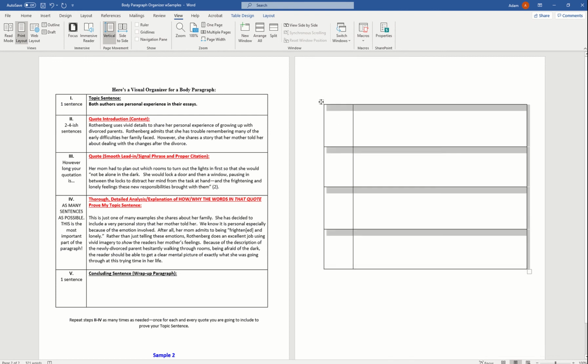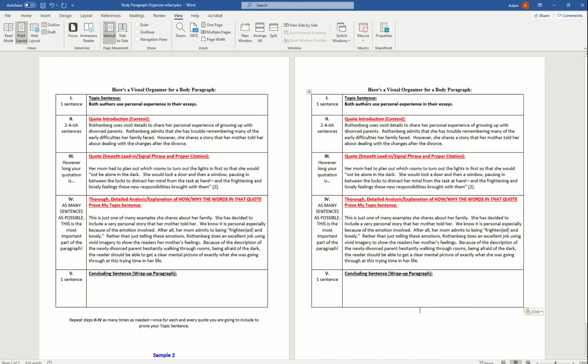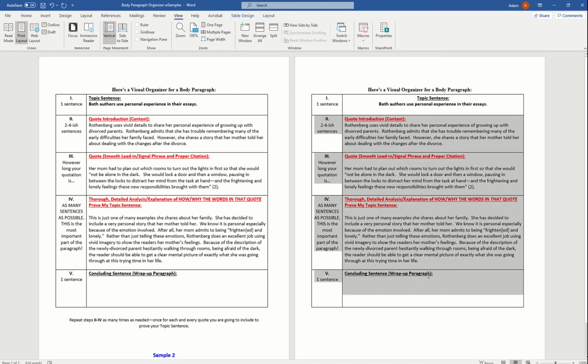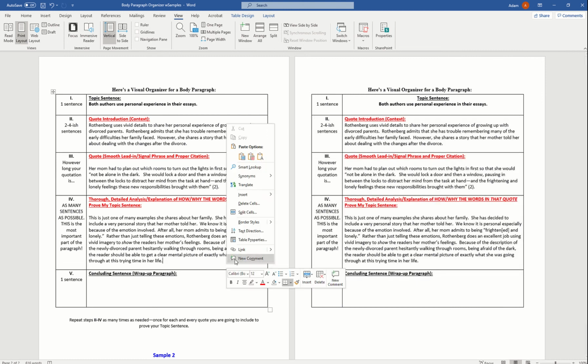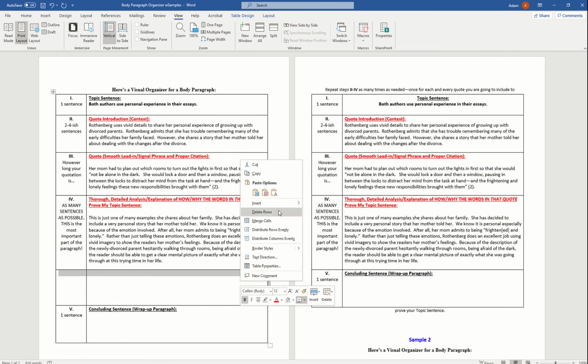Bear with me. I'm not going to do the whole thing either, but you know what I wouldn't need? I wouldn't do the topic sentence. So I'm going to take, you know what I should have done? Sorry for this. Insert row below, just to show you what it looks like. Insert row below.